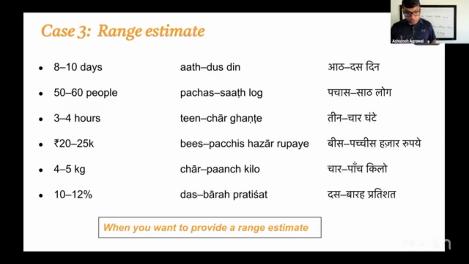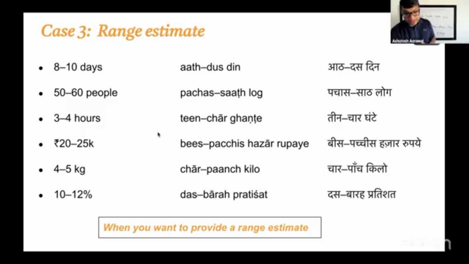When you want to provide a range, because with a group of people you are not really counting, you can still say लगभग 50 लोग आए थे, but this is another way of saying it, 50-60 log. In your mind, you don't want to just give lagbhag or karib. You want to say it's between these.